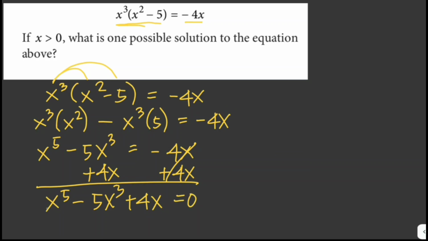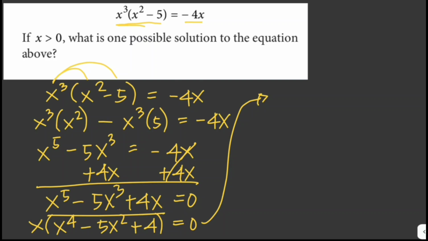And now we can factor out x from this expression. So that would be x times (x to the fourth minus 5x squared plus 4) equals 0. Actually, this expression inside the parenthesis is a quadratic equation.